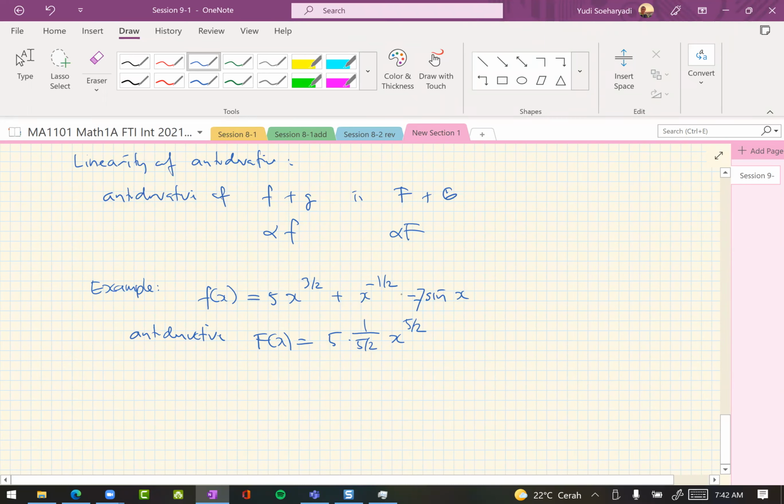And this one here, x to the negative 1/2 becomes x to the 1/2, and 1 over 1/2 is 2. Negative sine x gives you plus cosine x, so 7 cosine x, plus pi, for example, because this constant doesn't matter. This is also an antiderivative.